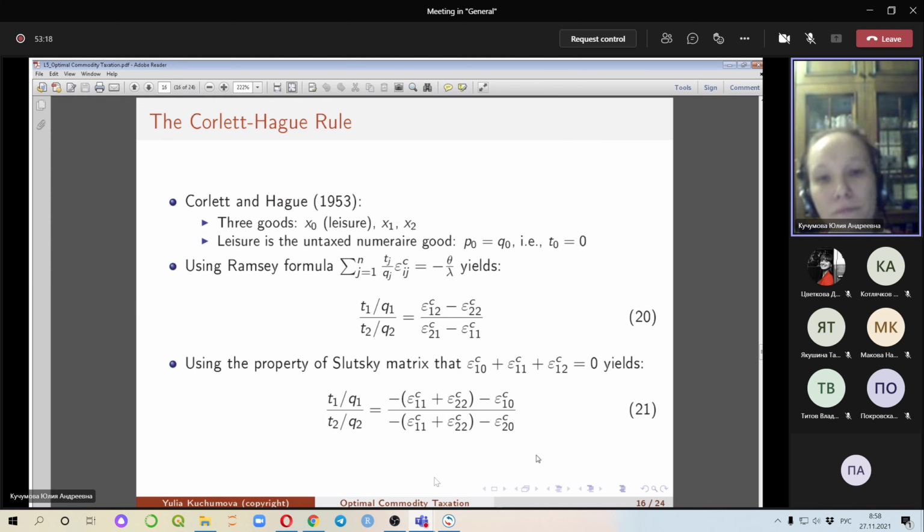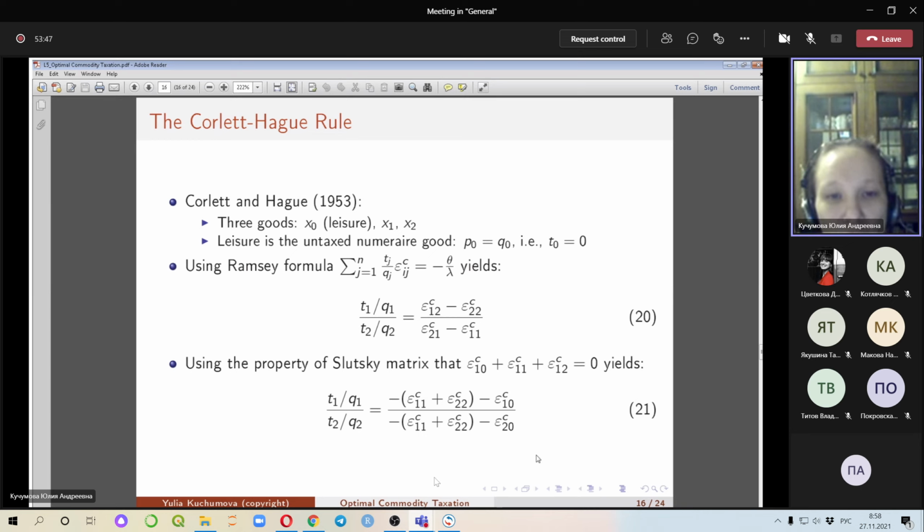Okay. Let us consider an example called the Corlett-Hague rule to get even further intuition. So let us assume there are three goods.